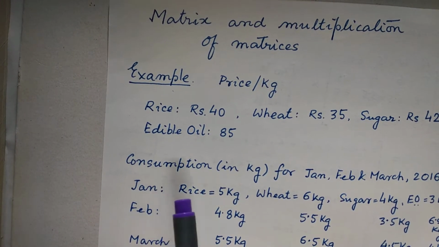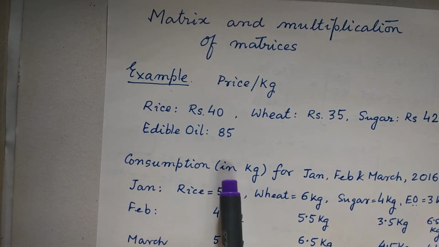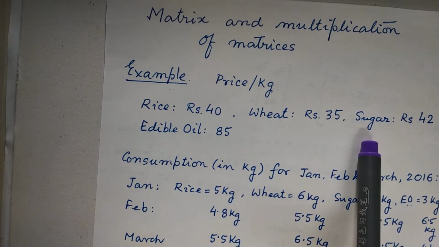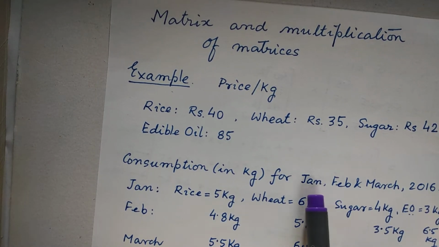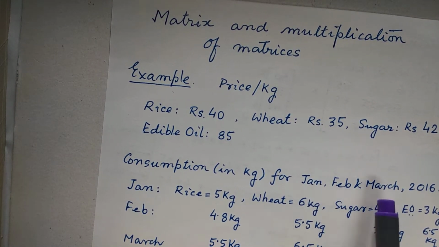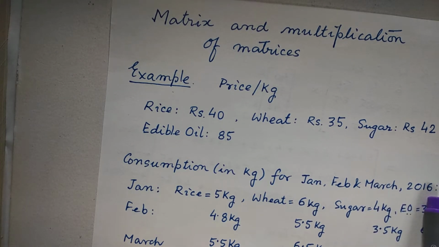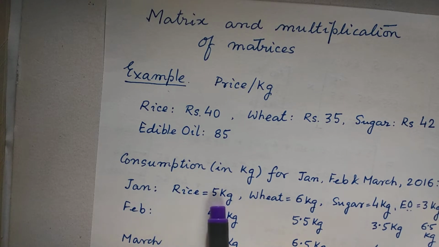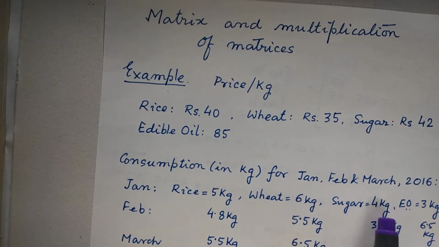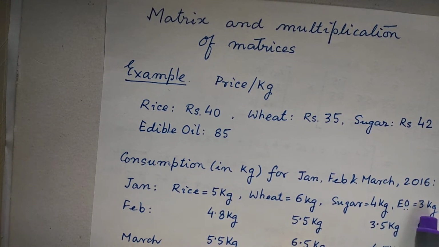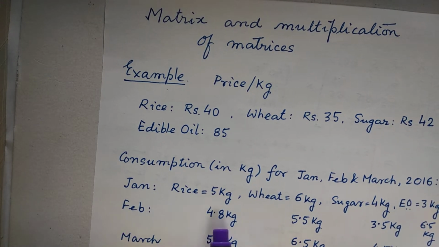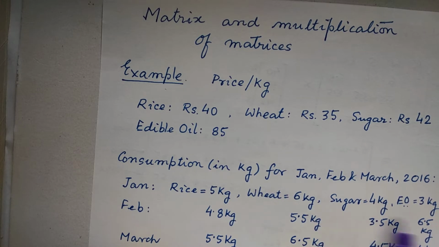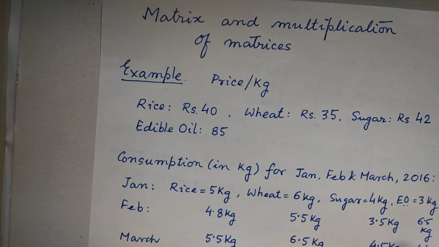Suppose in a family, consumption in kilogram of these food items in the months of January, February and March 2016 be as follows. January, rice 5 kg, wheat 6 kg, sugar 4 kg, edible oil 3 kg. In February, rice 4.8 kg, wheat 5.5 kg and so on. In March, these are the figures.